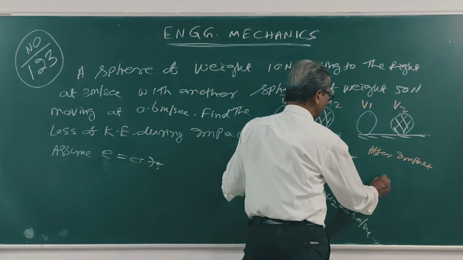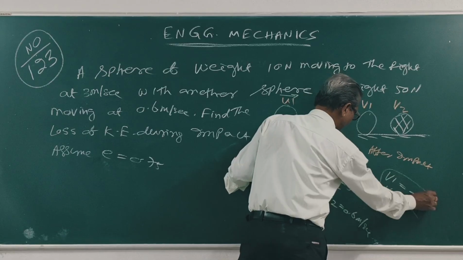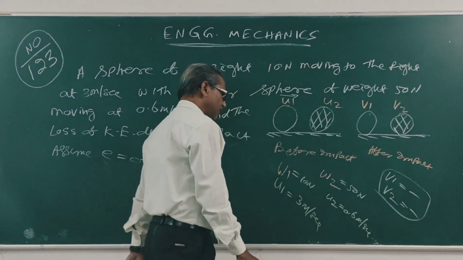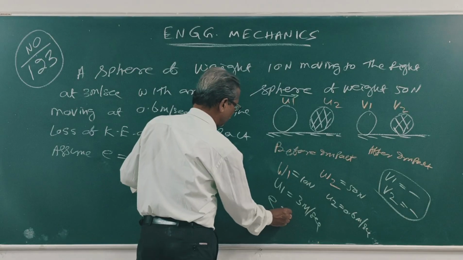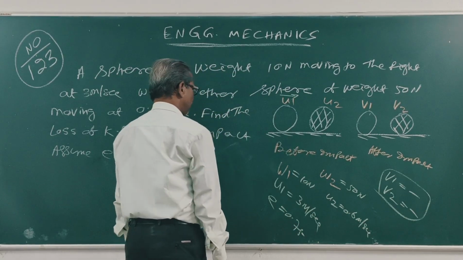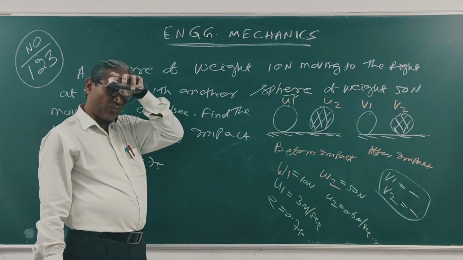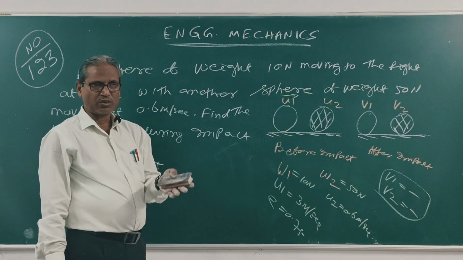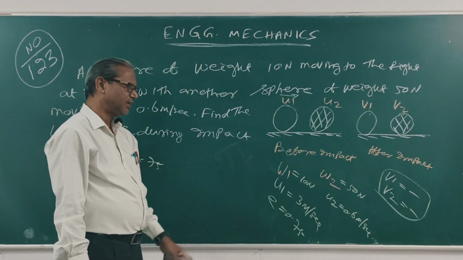First find out what is V1, what is V2. Clear? Also given E is equal to 0.75. So first using this given data, we will find out what is V1 and V2, then loss of KE during impact. Right?